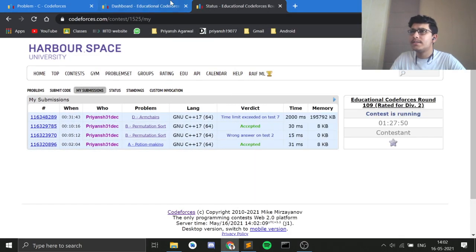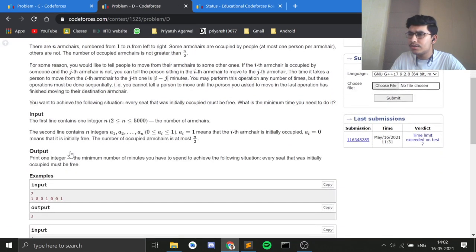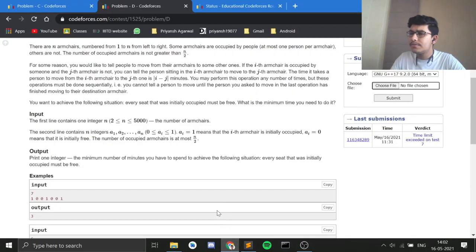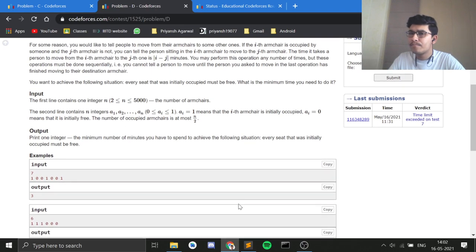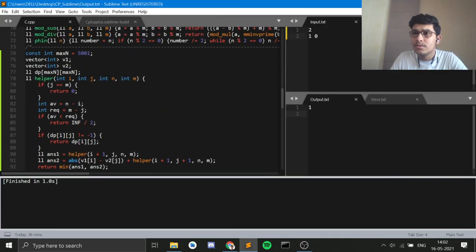Okay, time limit exceeded. Ideally, it should not exceed the time limit. Everything seems to be fine here. So let's try out this case. Okay, so if j equals m, then you return 0.